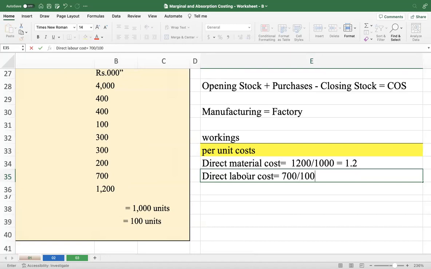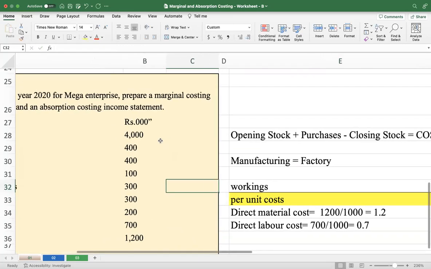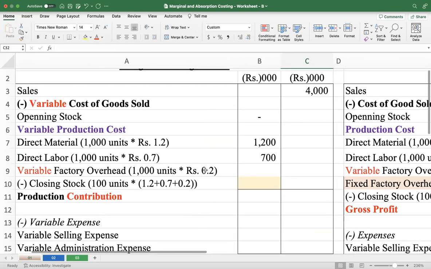Remember, this is 700,000, but since we are preparing the question in thousands, we will keep it like this. So 700 divided by 1,000. So per unit, you have to incur 0.7 rupees, right? So we showed direct labor.